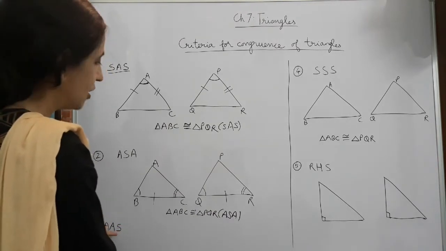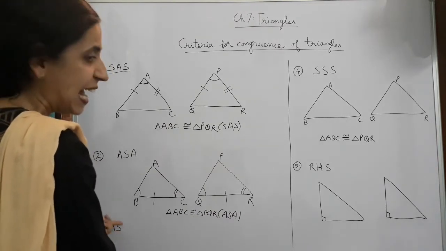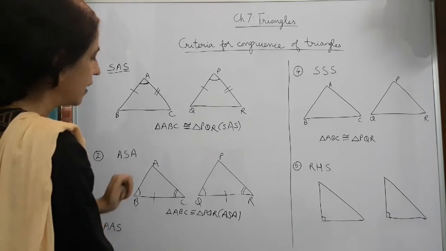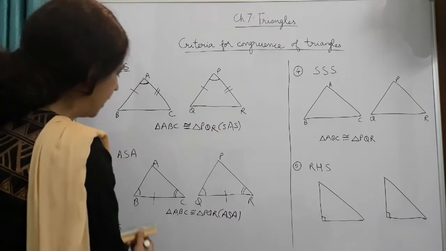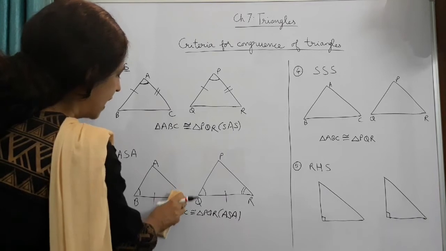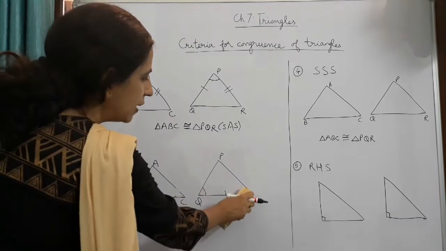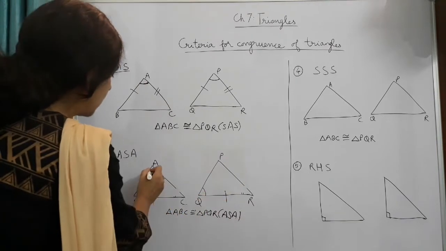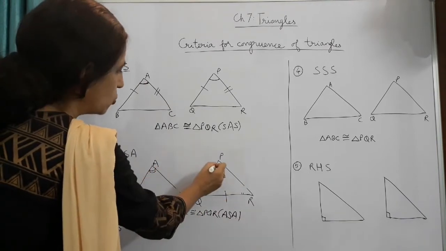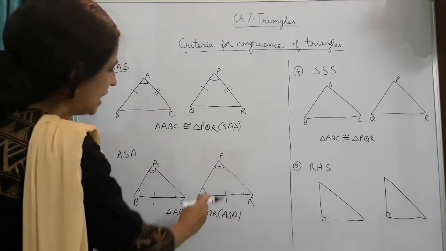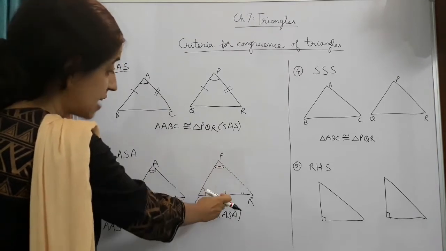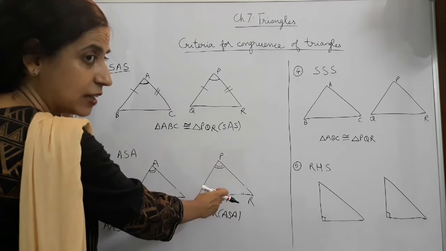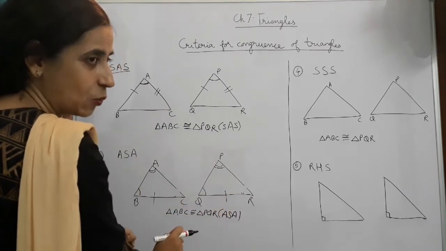The next criteria of congruence is AAS, that is angle, angle, side. Over here we have angle B is equal to angle Q, BC is equal to QR, but angle A is equal to angle P. So these two angles are equal and the side which is included, that is not equal, another side is equal.